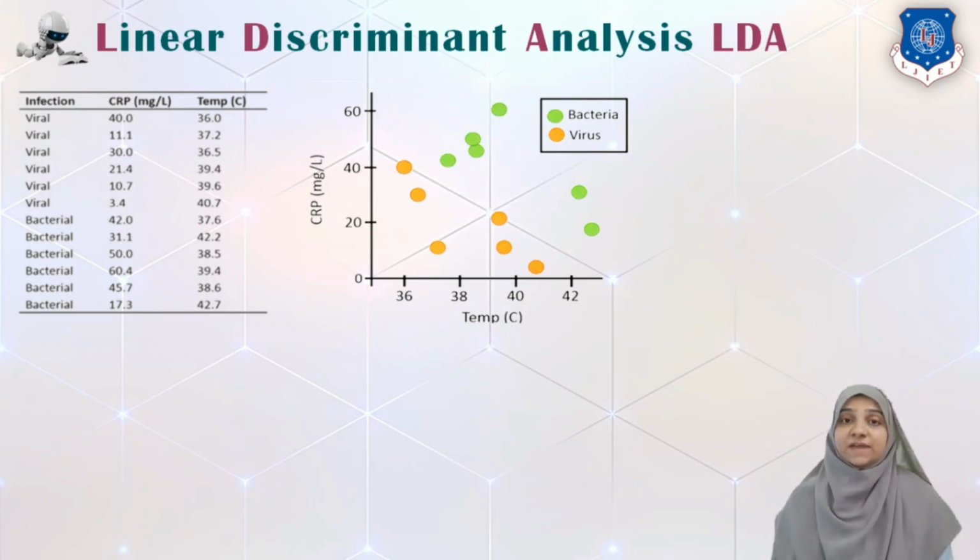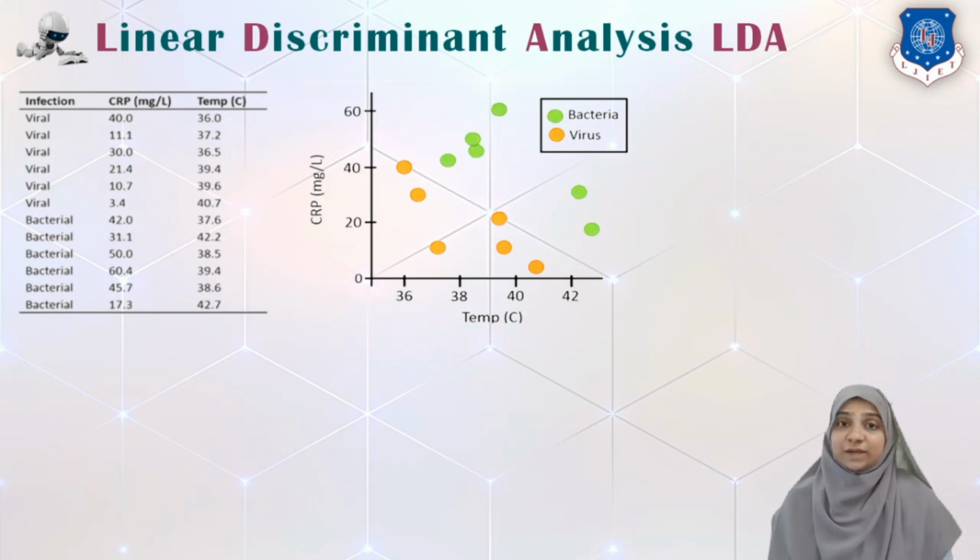Say for example, we are given one data set, on the left hand side, as you can see, a table. Here in the table, there are three features. The first feature is type of infection. The second feature is CRP. And the third feature is temperature in centigrade.